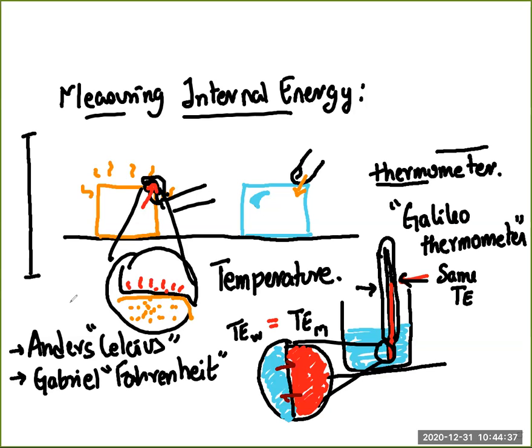Apparently, this was done because a customer of his, these people were actually instrument manufacturers, a customer of his who was a botanist said that I use your thermometers inside my greenhouse, but I do not know how to compare the temperature between different times.